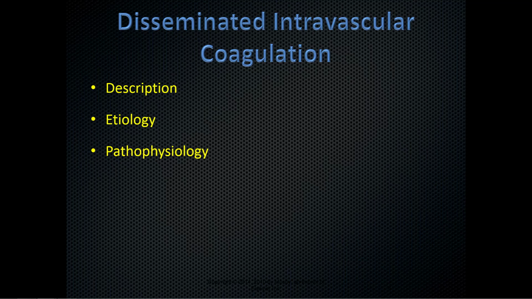Now, regardless of the cause, what happens is there's damage to the endothelium that results in an activation of the coagulation cascade. And the direct damage to the endothelium results in the release of tissue factor and then activation of the extrinsic pathway.